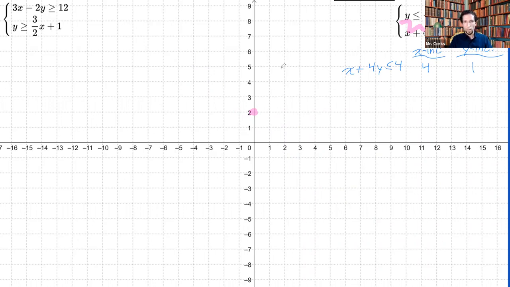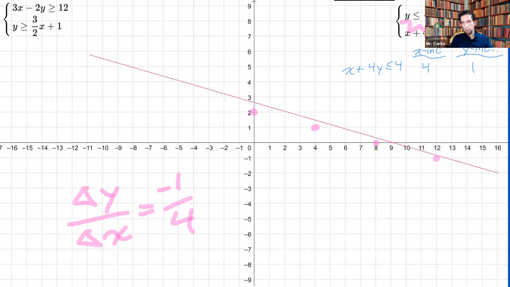So delta y over delta x, -1/4. So when x goes over by 4, then y should go down by 1. So that's this position here, this point, and then this one here. All right, and there is the line.